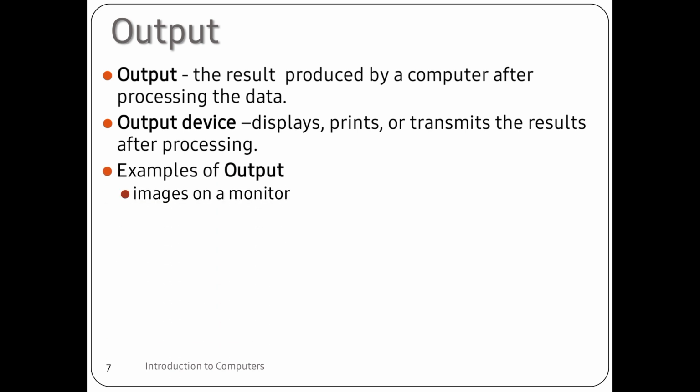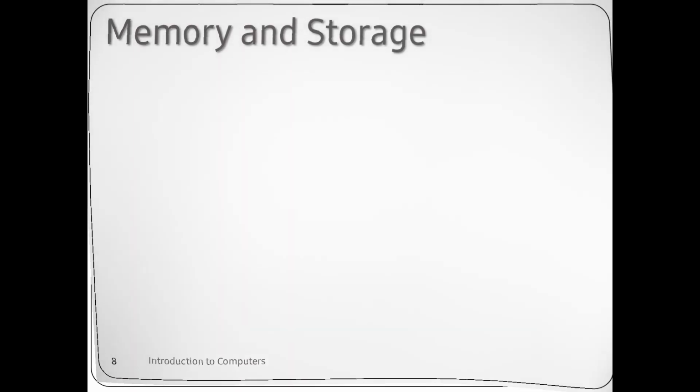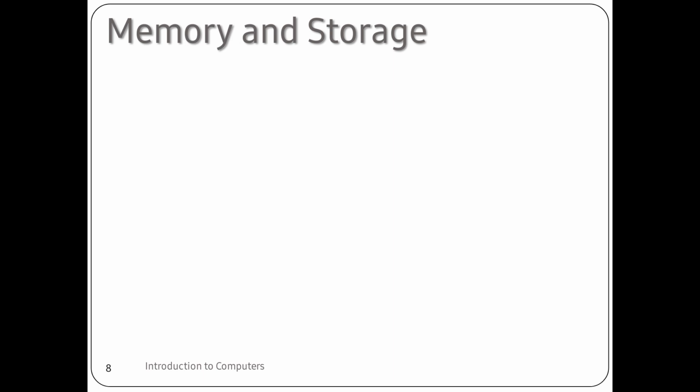They include images on a monitor or a display unit, printed documents by printers, sounds by speakers, also signals to device controllers, memory and storage. Memory.